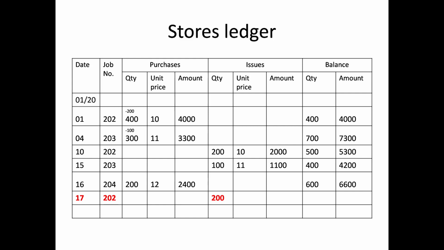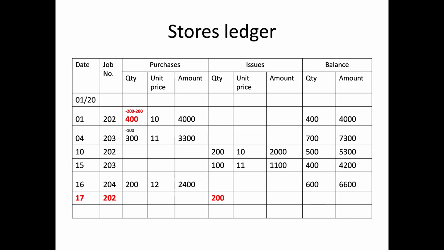January 1st, you have purchased 400 units under job number 202. Now you can clearly see that you have issued 200 out of that inventory. Okay. Then in small letters, write there minus 200.